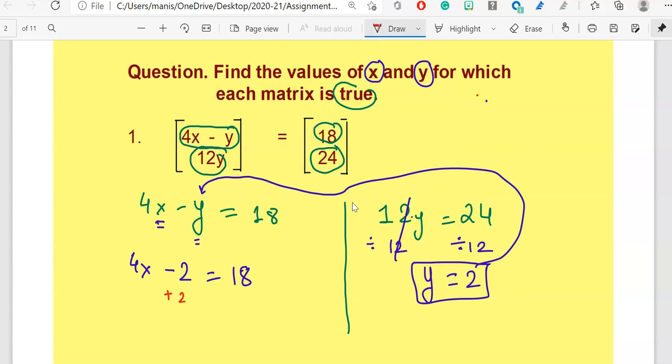I will add 2 to both sides, and this is 4x is equal to 20, and I will divide by 4 on both sides, which gives me the value of x, that's 5. The question was asking to find the values of x and y. Yes, I have the value of x and the value of y. This completes the solution for this question.